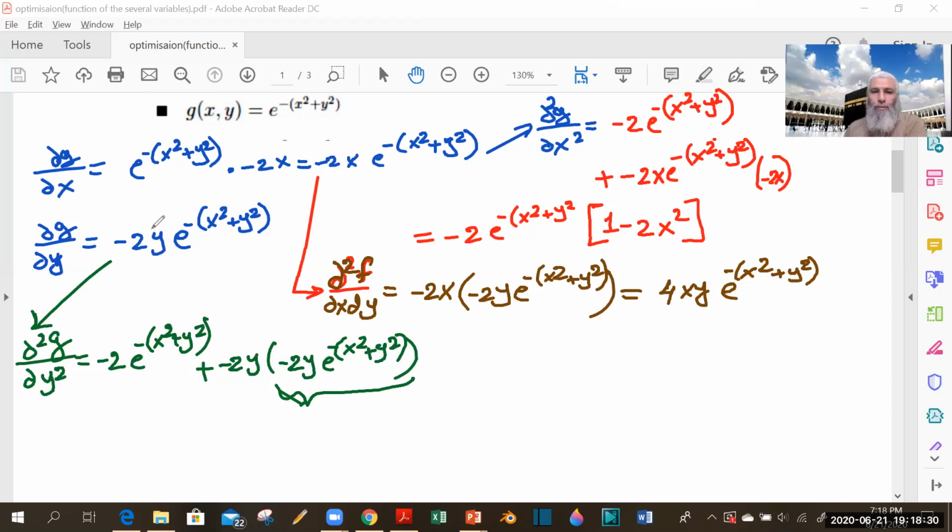No. One minute. This is the first function, and this is the second function, okay? Right? So what is the derivative of the first function? It is negative 2, right? Yes.